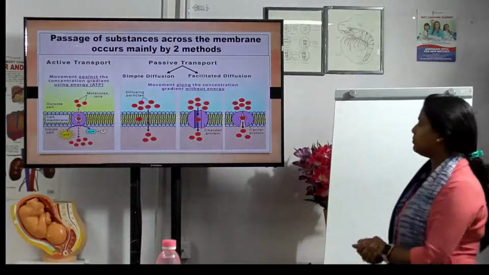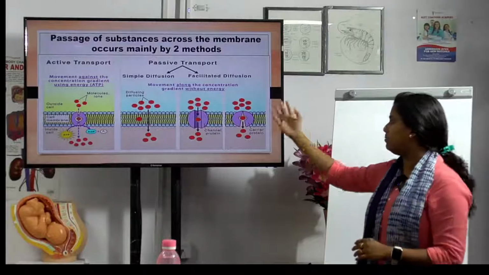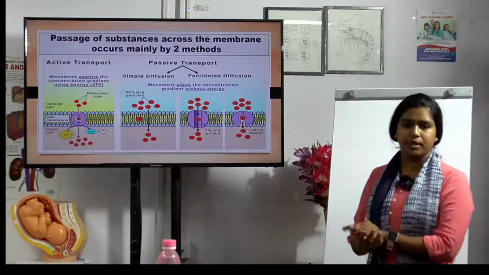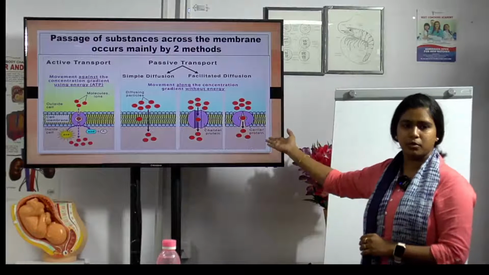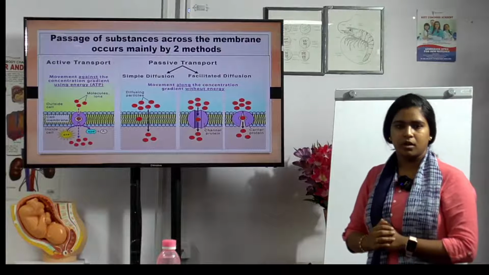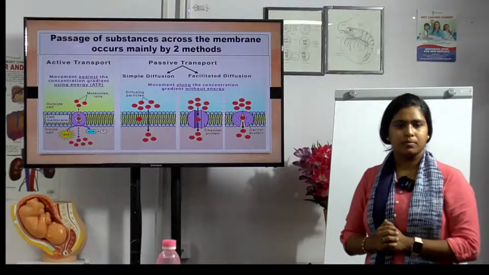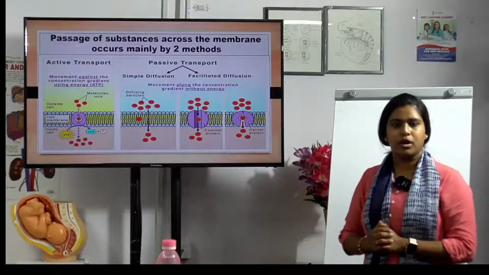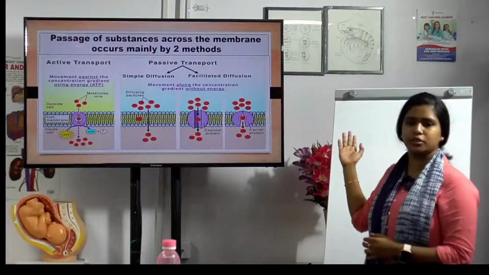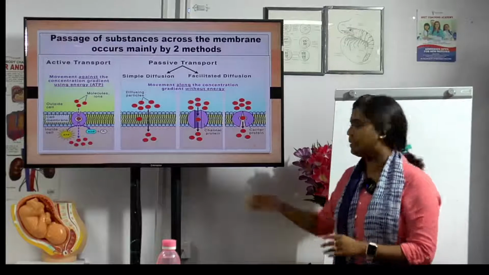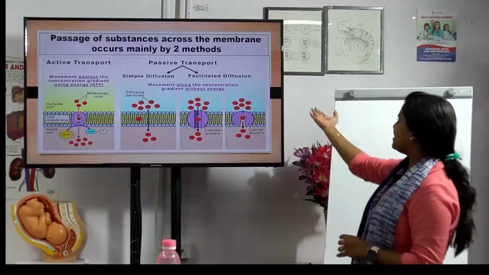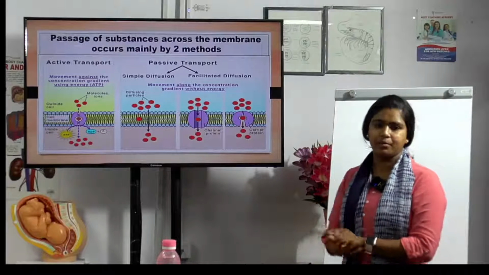Simple diffusion means neutral molecules pass through the plasma membrane through a channel protein. Osmosis is higher to lower, water, but in simple diffusion neutral molecules pass through the plasma membrane in the presence of a channel protein, and facilitated diffusion is in the presence of a carrier protein.